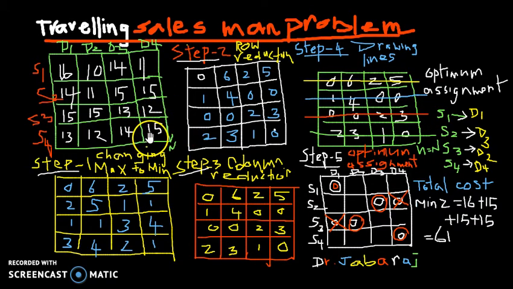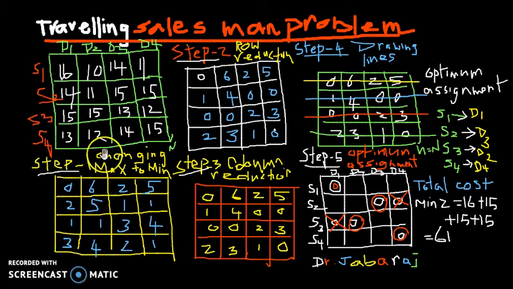If that is the case, then the optimum is reached, and we do the optimum assignment, and that assignment will definitely give the least transportation cost.